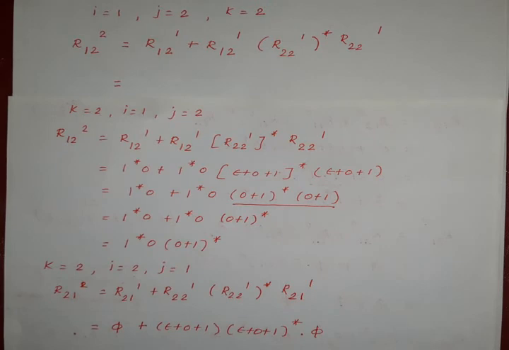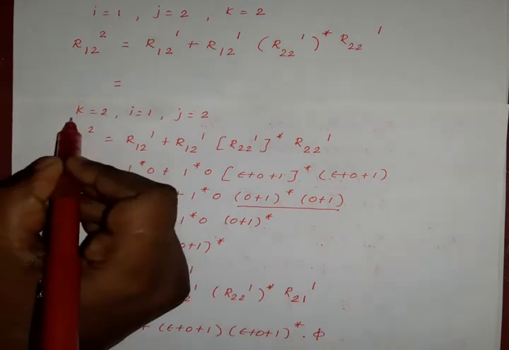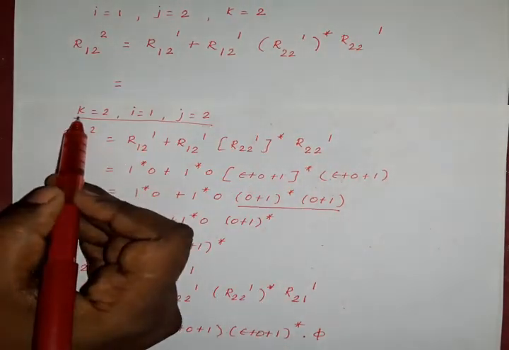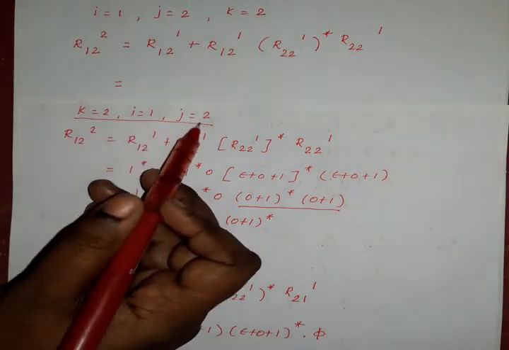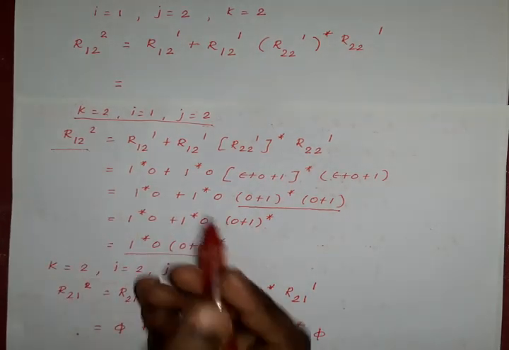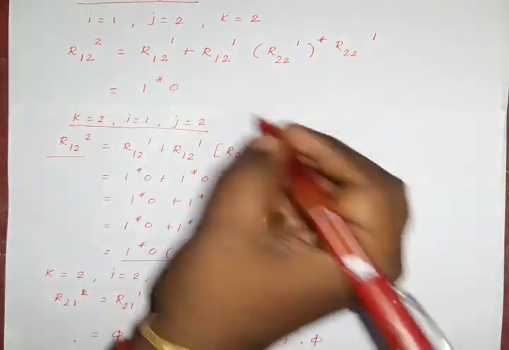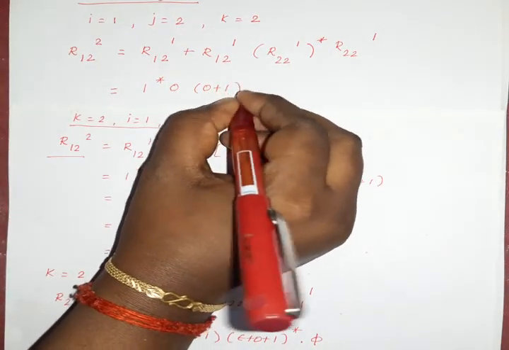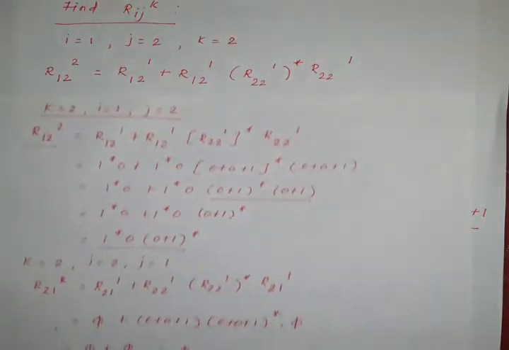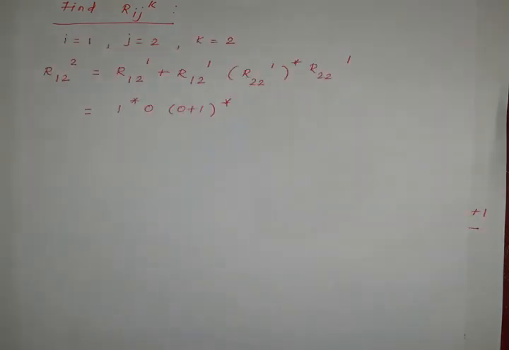Already we found this regular expression's value in the above steps. When K is equal to 2, I is equal to 1, J is equal to 2, we have already found this value. The result is 1 star 0 and 0 plus 1 the whole star. So already we derived this regular expression, so we can directly write it from the above solved steps.